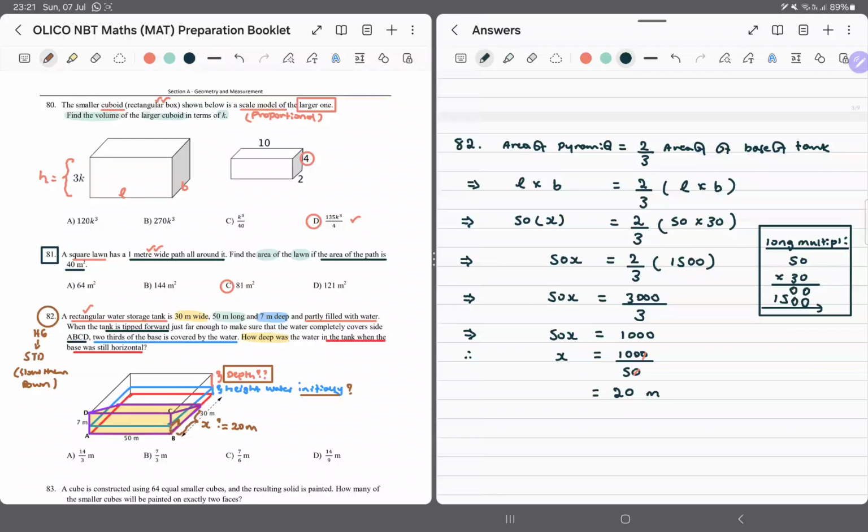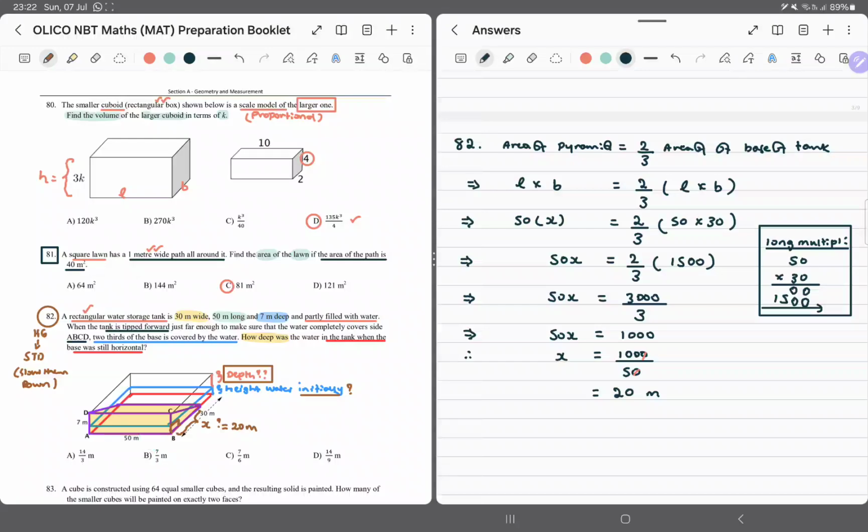So the area of a pyramid is always the area of the base multiplied by the height. Or someone can look at this as a triangle, right? Area of a triangle is a half base times height, because this is triangular. We can call this a triangular prism, and then we multiply by the height of 50. It really doesn't matter how one looks at it.